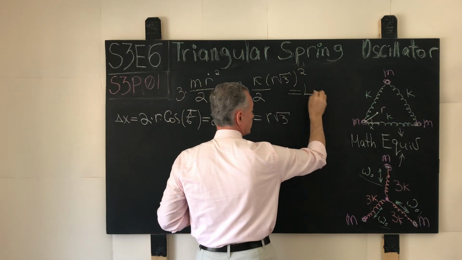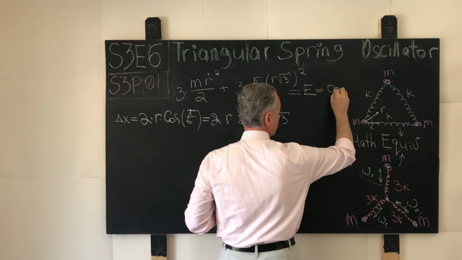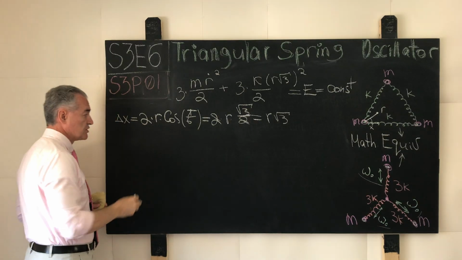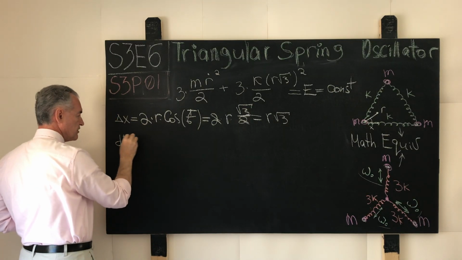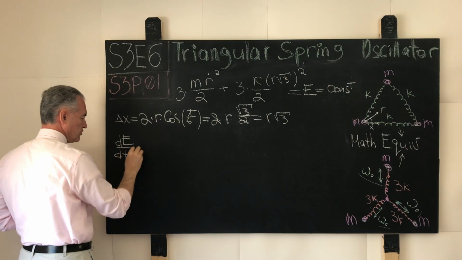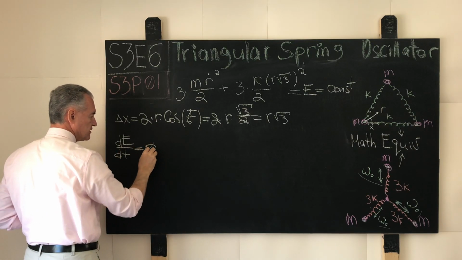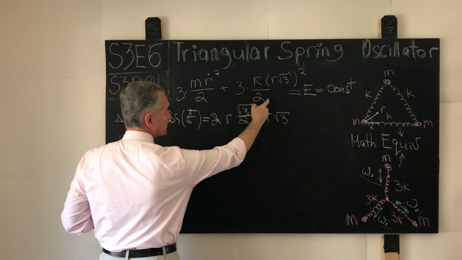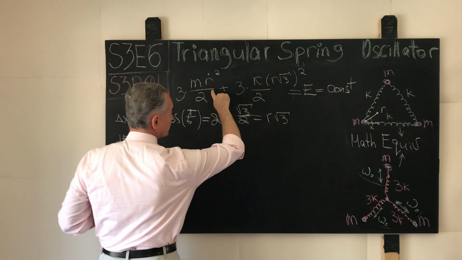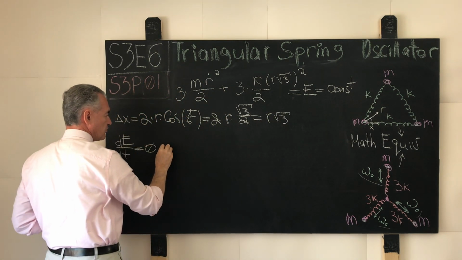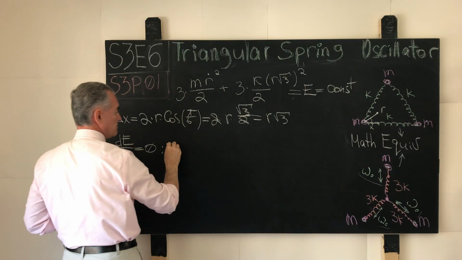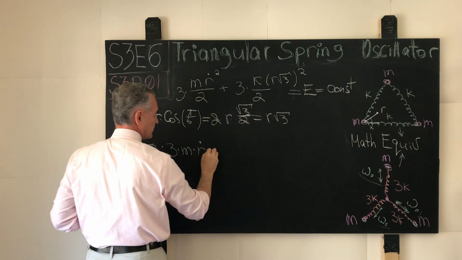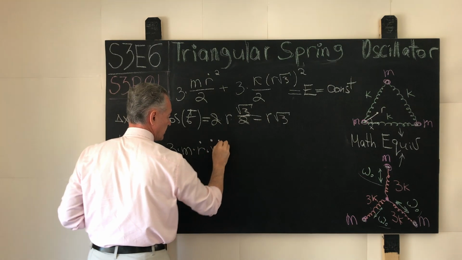And that energy, the total energy, remains constant over time. And if it's constant over time, then the first time derivative of this energy, dE over dt, must be 0. So if we differentiate the left-hand side of this equal sign over time once, what will we have? We will have 3 times m times r dot times r double dot.